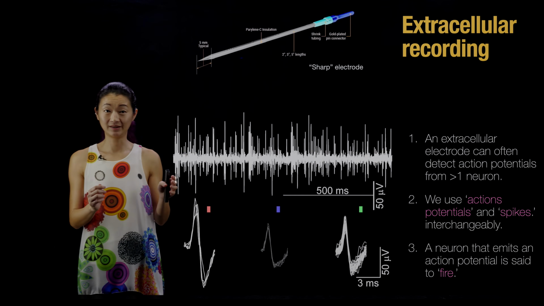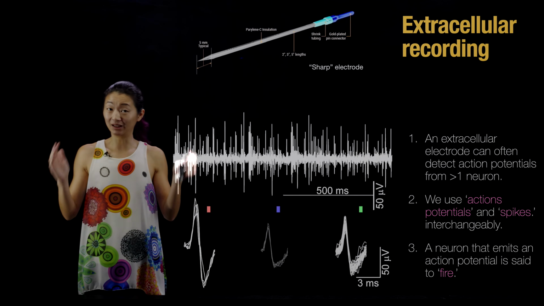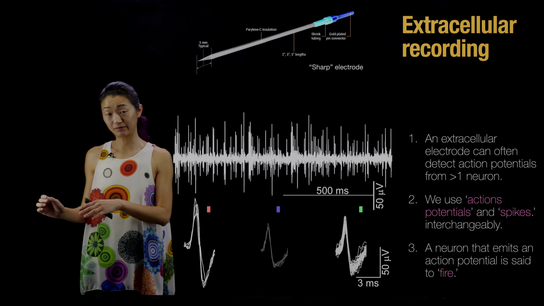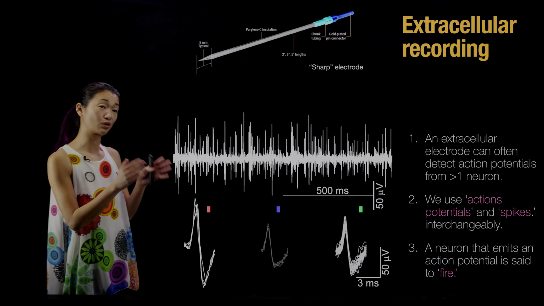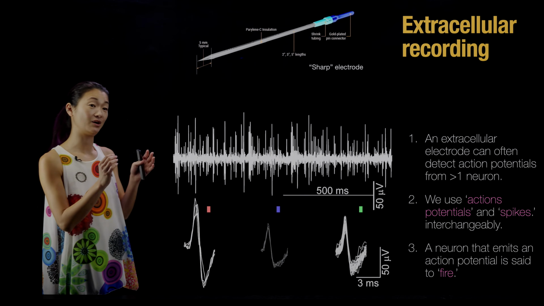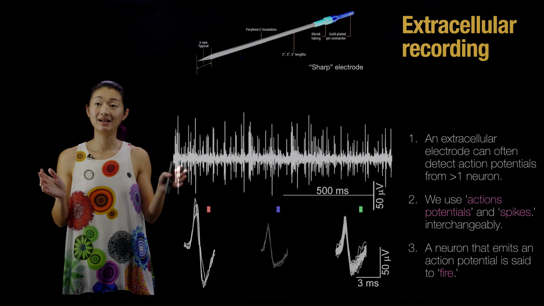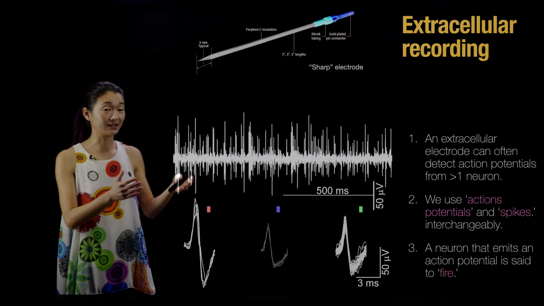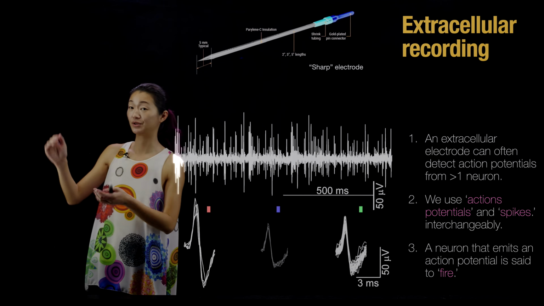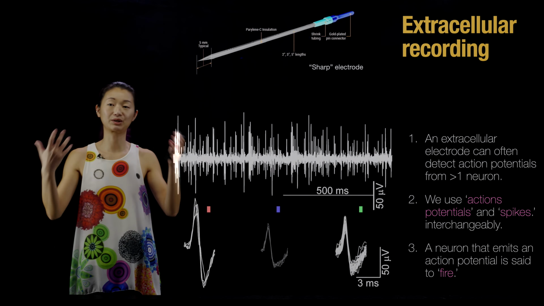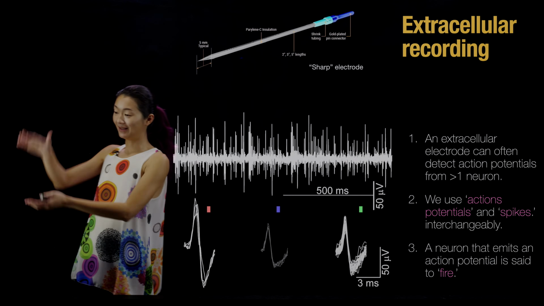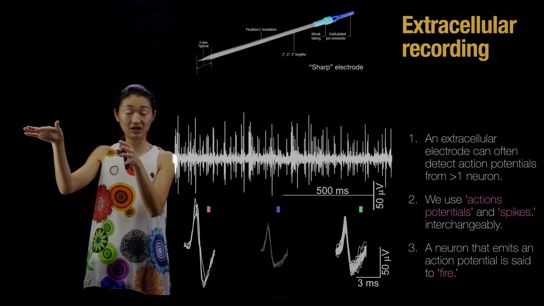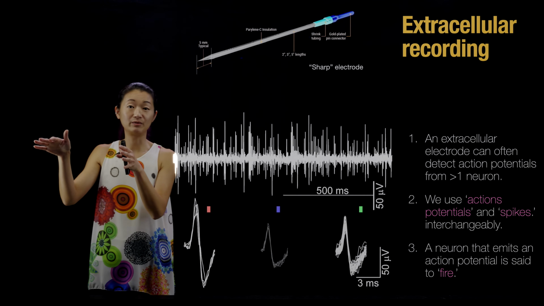An action potential is tens of millivolts in the intracellular recording, but by the time you're recording it extracellularly, it is 1,000 times smaller in magnitude. This is because you're not measuring the difference between the inside and the outside of the cell. You're only measuring the effective electric field that's induced by the action over here, and you're measuring it over here, right? That's why it's so much smaller.